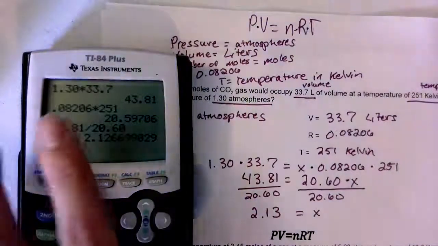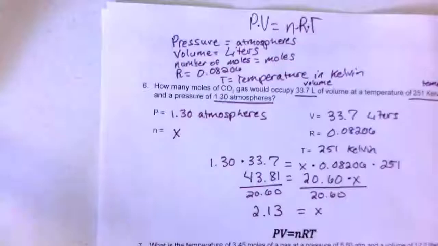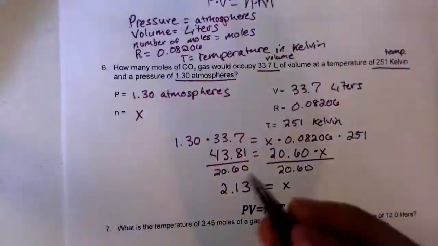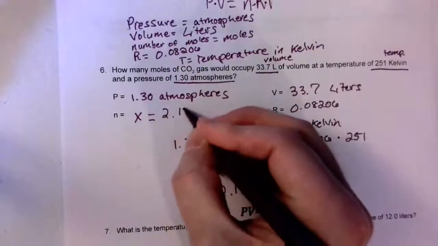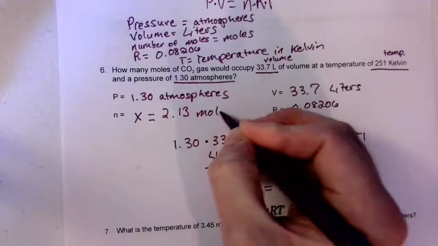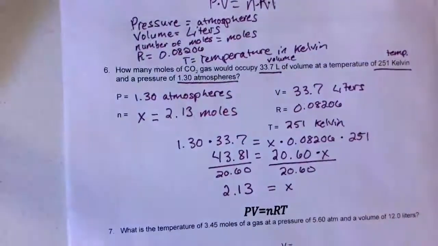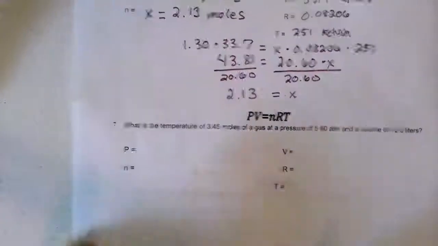If you look back up, the X is the number of moles, so X is equal to 2.13 moles. That was pretty easy. Let's go on to the next one.